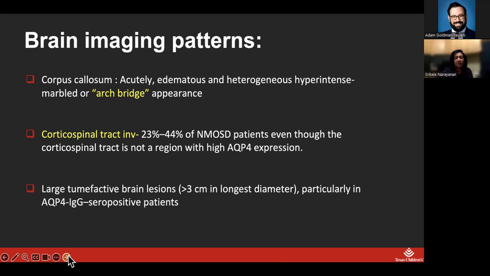So I can show you a case of that. Interestingly, corticospinal tract involvement has been noted in 23 to 44% of NMOSD patients, even though that's really not a region with very high aquaporin-4 expression. Also, particularly in seropositive patients, you can sometimes have very big tumefactive brain lesions in the white matter.